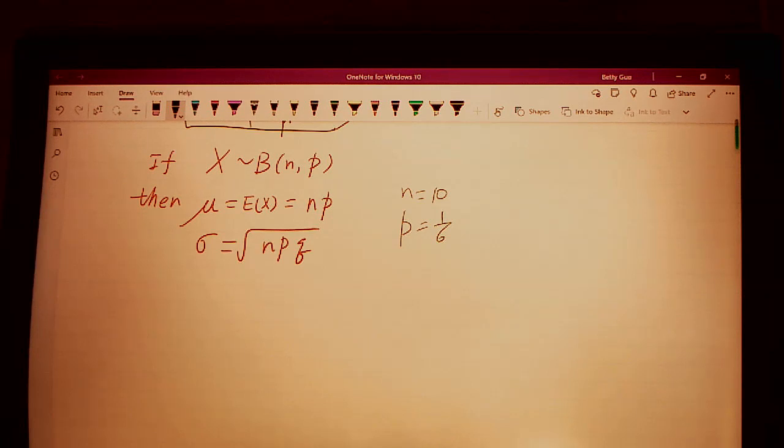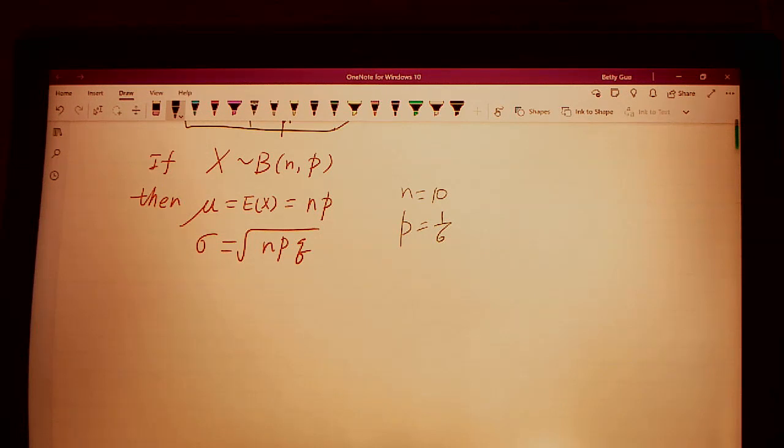Question, if p equals 1/6, what's the value of q? Oh yeah, exactly. Thank you, Kelly. Exactly, correct, Leah.